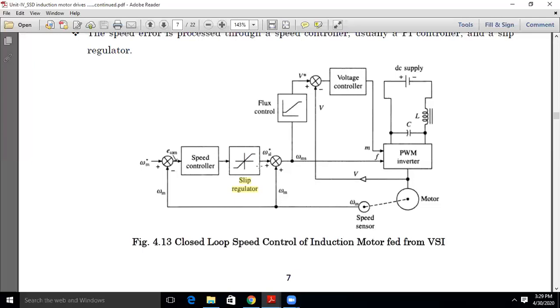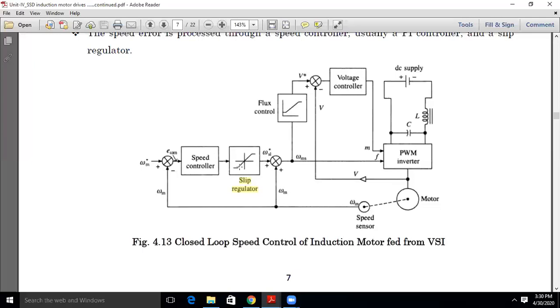To ensure the motor operates within these, the slip regulator has a saturation function. The saturated value is +1 in the positive direction, and in the negative direction it is -1.